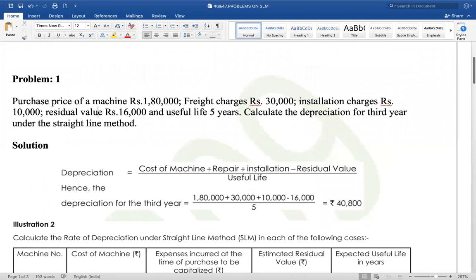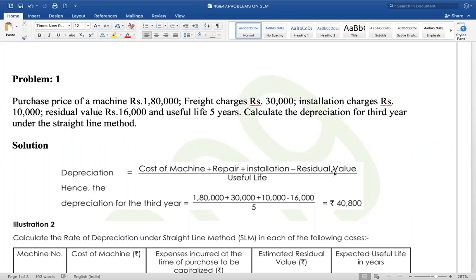Okay, the formula is depreciation is equal to cost of machine plus repairs, whatever, or some incidental expenses, installation expenses, minus residual value, the scrap value at the end of the useful life of the asset. Still you can fetch some value if you sell it as scrap.